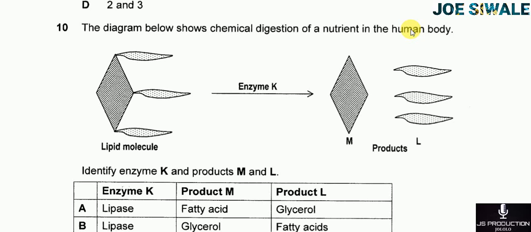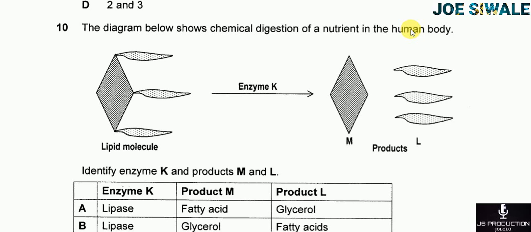And you must note that there's only one type of glycerol, and there are different types of fatty acids. So M represents glycerol and L represents fatty acids.